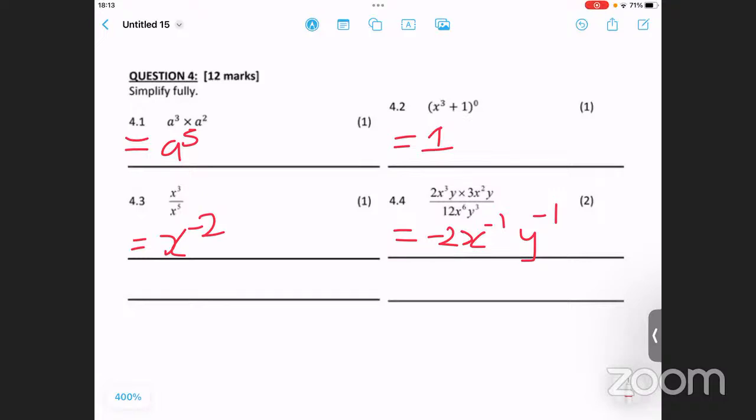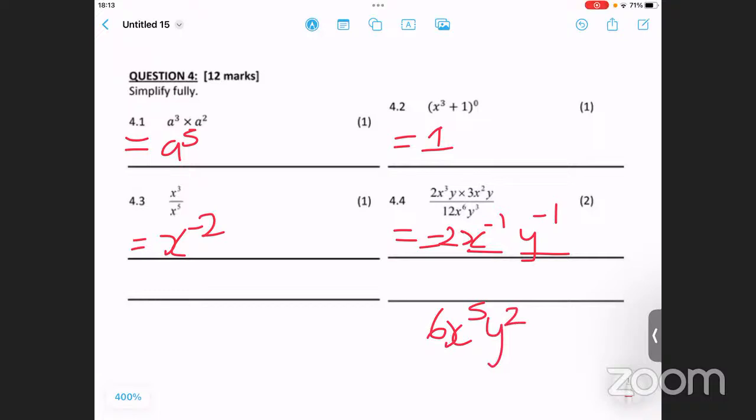I just want to know, how did you get to negative 2? And how did you get to x to the power of -1? And how did you get to y to the power of -1? Ma'am, what I did first is that I calculated 2x to the power of 3y times 3x squared y. That gave me 6x to the power of 5 and y to the power of 2.